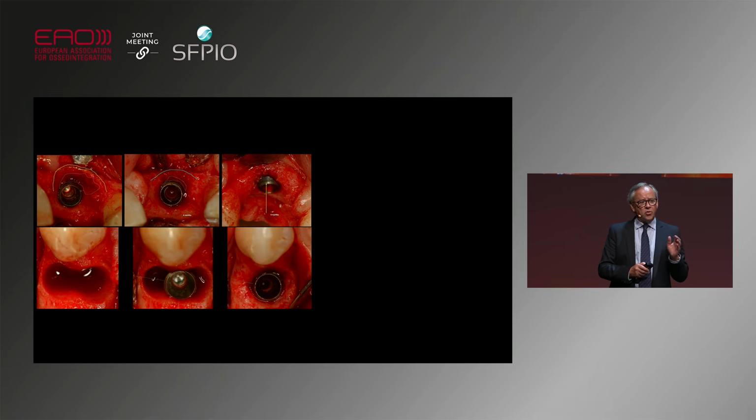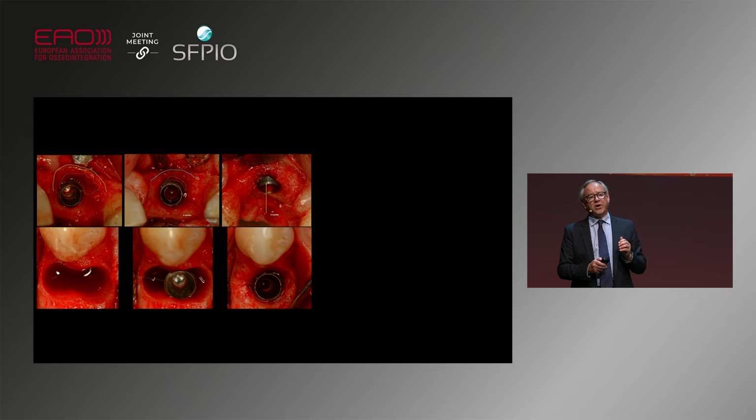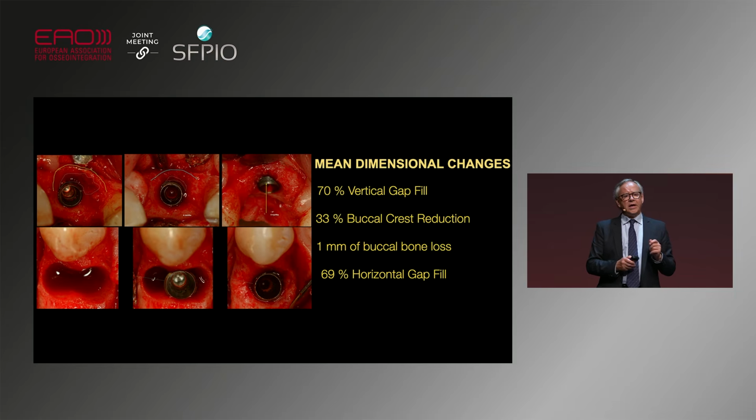And what we saw is that, as you can see, in the upper row, you see enormous changes, both in horizontal and vertical. In the lower row, you see minimal changes. So there is quite a lot of heterogeneity in how a socket will respond when we place an immediate implant.